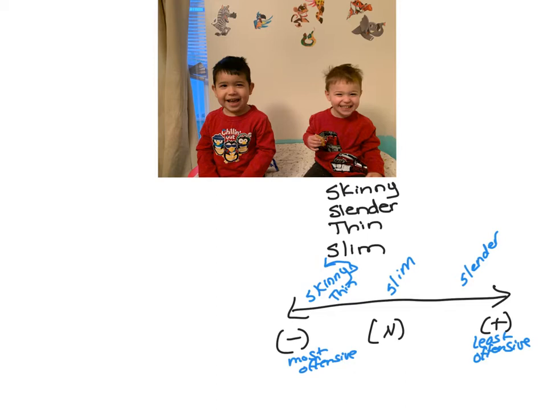So I would go with slender. Authors do this every single time when they are trying to manipulate the reader. Speech writers, ad writers, when you see things on TV, every word is chosen with care to get you to feel something. And it's important to watch these things as you read because you're like, okay, are the emotions that I'm feeling really what I'm feeling, or am I being manipulated into feeling them?